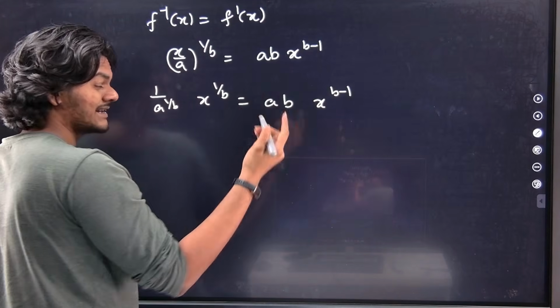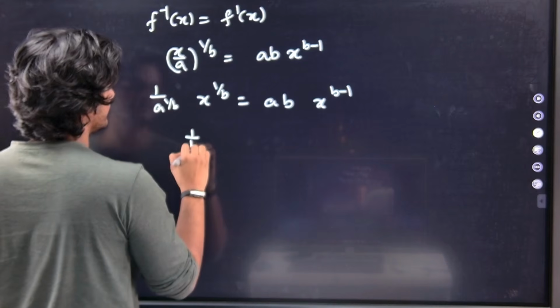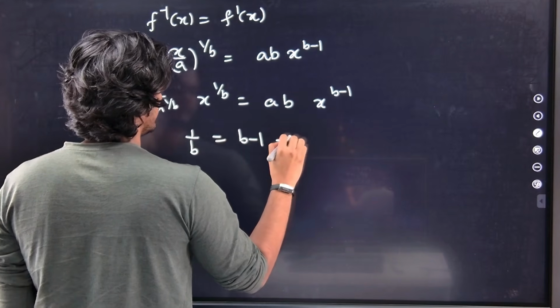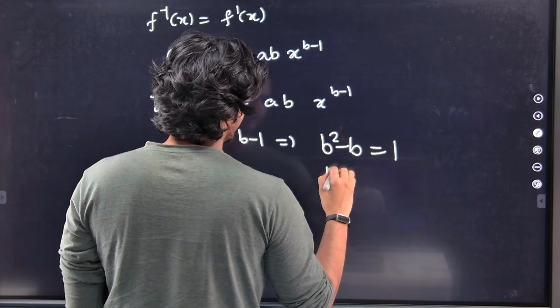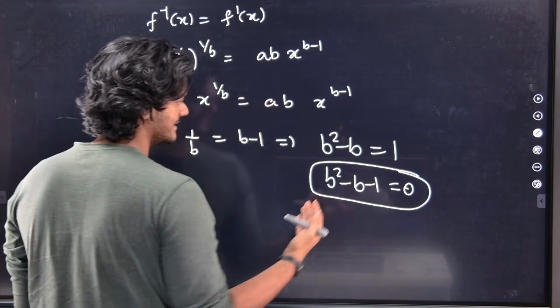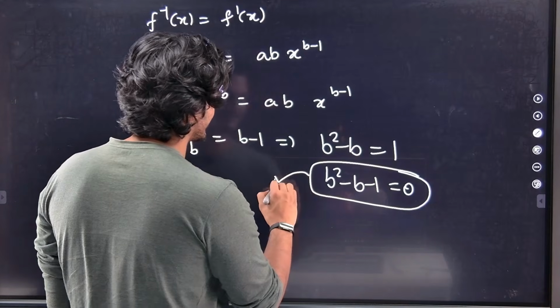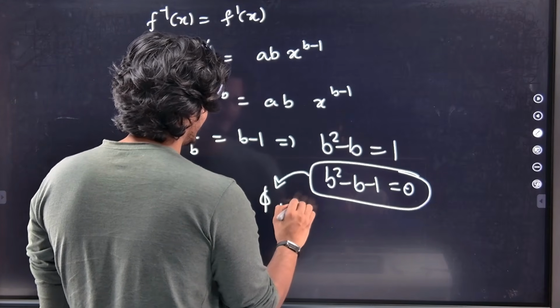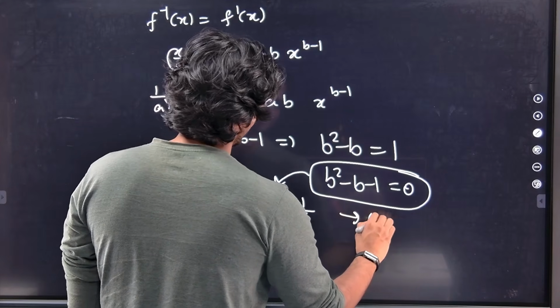So for one, degree should be equal. So if we take the degrees equal, 1 by b is equal to b minus 1, and we get b square minus b is equal to 1, or b square minus b minus 1 equals 0. And it so happens that this is the equation whose roots will be the golden ratio, (1 plus root 5) by 2 and (1 minus root 5) by 2. Yeah, golden ratio.